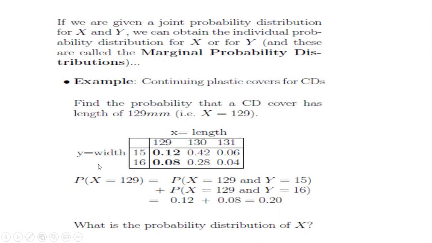I'm not talking about the width of the CD cover, just the length. So I have to sum up across all the values, and these are called marginals in the joint probability distribution. We call them marginals because they are found in the margins of the PDF table. For example, if I sum up across 129, 0.12 and 0.08 is going to be 0.2. So 0.2 is going to come here, which is the margin of the table. That is why these are called marginal distributions.